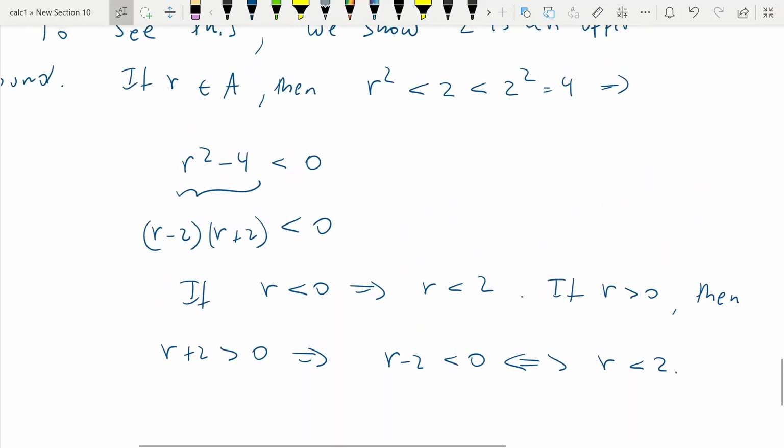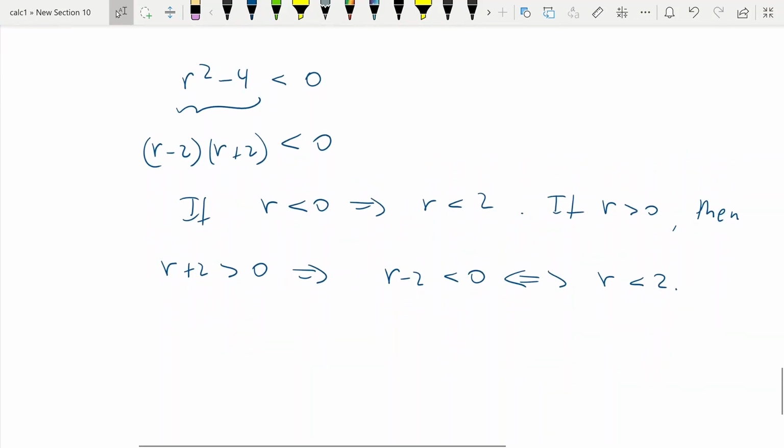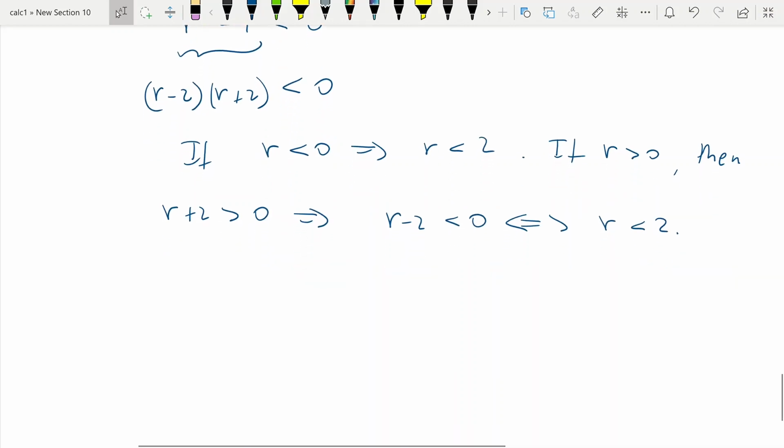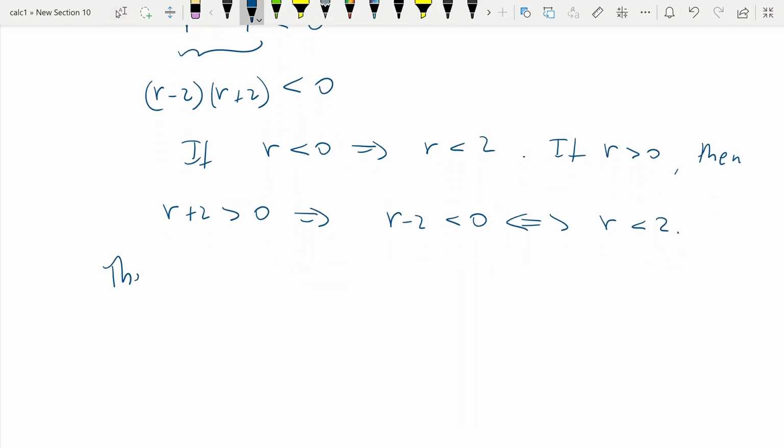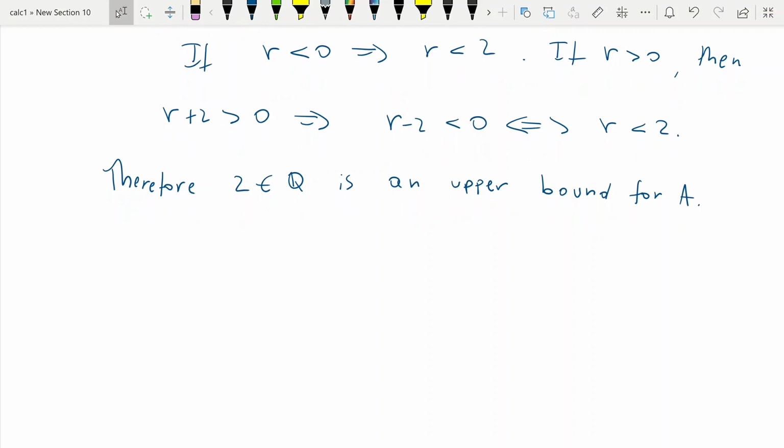Okay, so we picked any element in A and we showed that that element is less than 2. So 2 is an upper bound, and 2 belongs to the rational numbers, of course. Let's construct an upper bound for A.